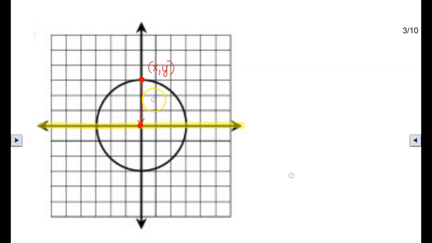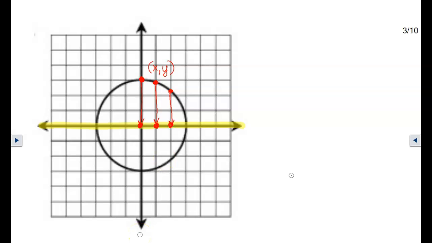All right, let's pick another point on the circle. So let's pick this point right here. Okay, if I pick that point right there, and again, trace it back to the x-axis, I'm going to land at 1 on the x-axis. So 1 is also in the domain for this graph. If I move over to this point, and again, trace that point back to my x-axis, I land at 2.